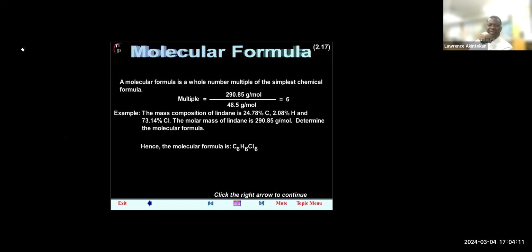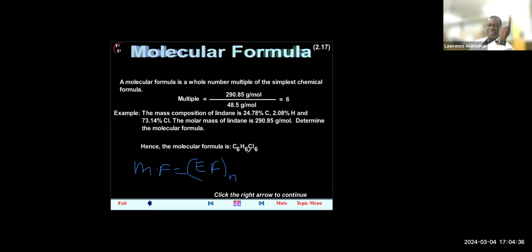Now remember I said this is going to be the empirical formula in parentheses, n. So this is your molecular formula. So the empirical formula was CHCl and your n was 6.